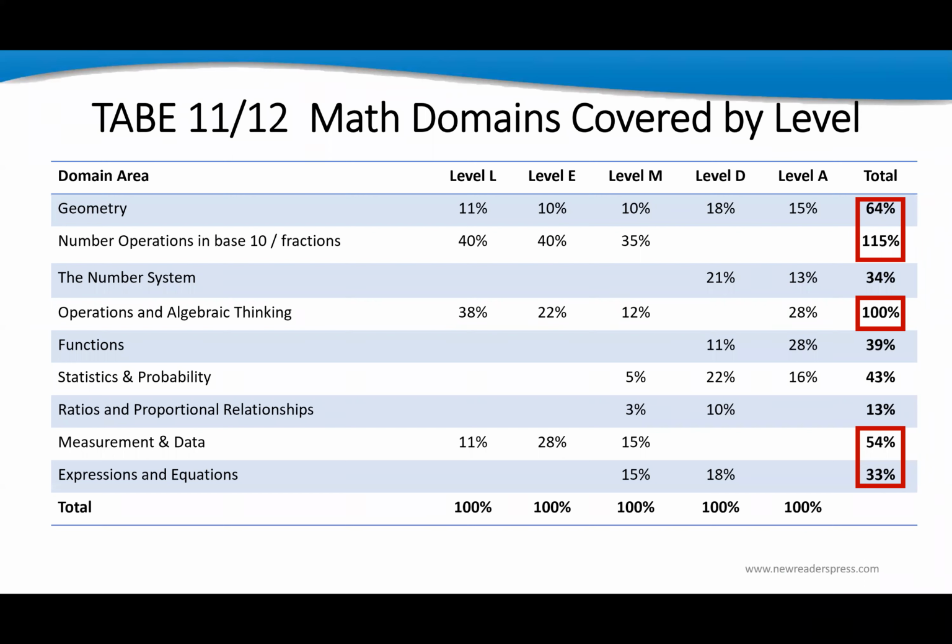You see here that geometry is covered at 64%, looking across all the levels from L to A. Number operations in base 10, yes, that number is correct, it is 115. Operations and algebraic thinking is covered at 100%. Measurement and data is covered at 54, and expressions and equations is covered at 33, but focused on levels M and D.